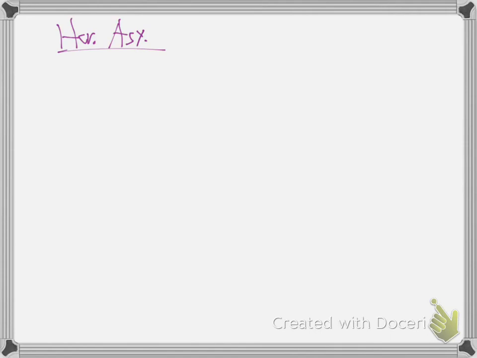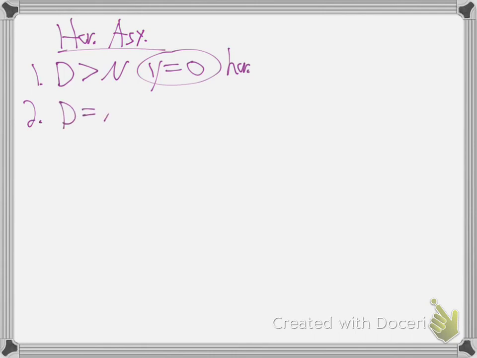It's all about the numerator power. If the denominator power is greater than the numerator power, it's y equals 0. If the denominator equals the numerator, it's y equals a over b, horizontal.